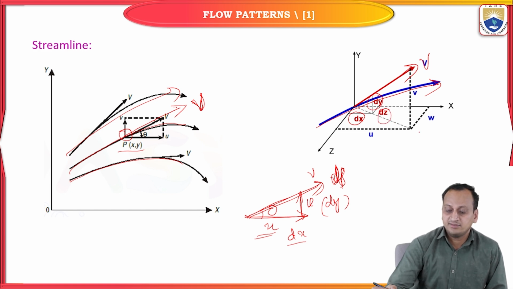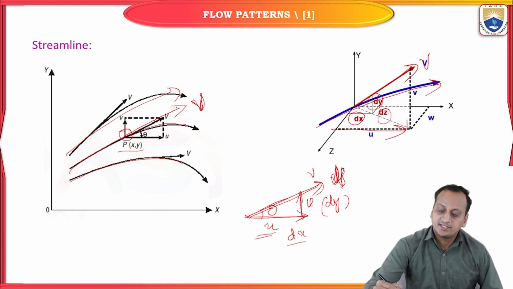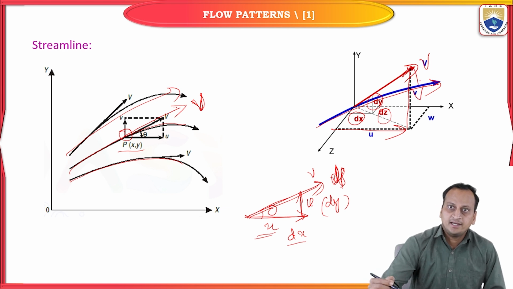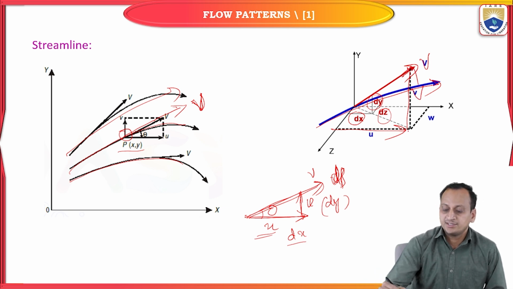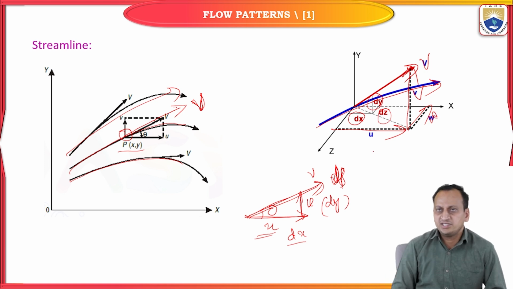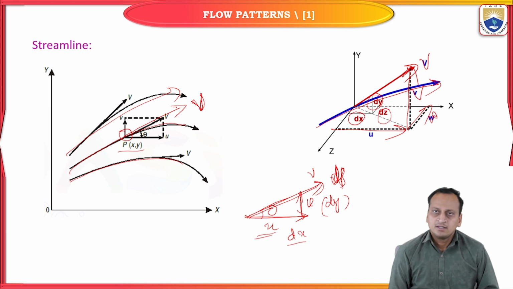So the velocity components are small u along x, v along y, and small w along z. These are the three velocity components of a particle while it is moving in a three-dimensional space.